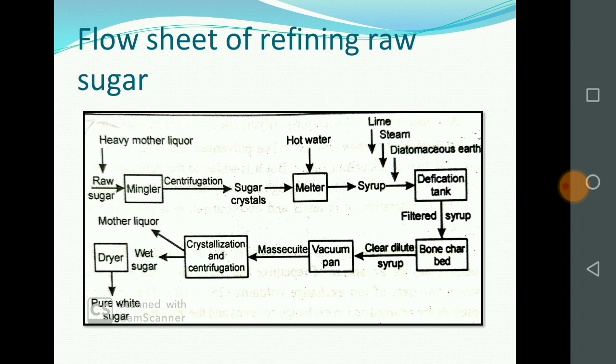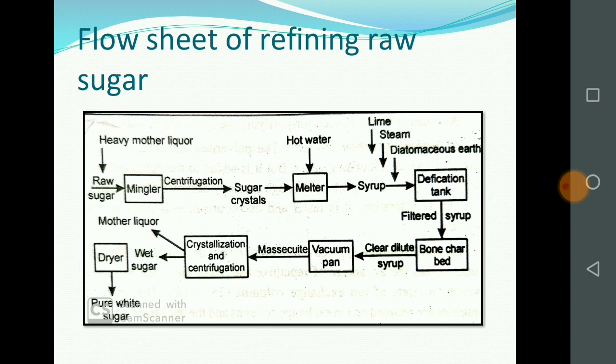The filtered liquid obtained in step B is a clear dark brown liquid still containing some dissolved impurities. So the liquor is passed through beds of bone charcoal kept in char tanks.